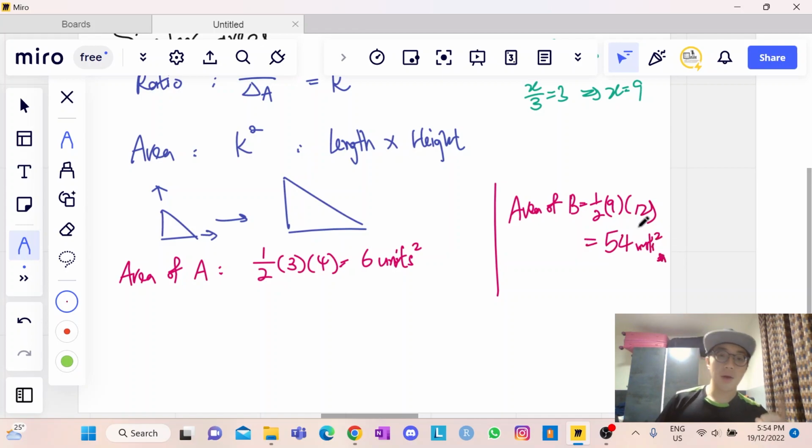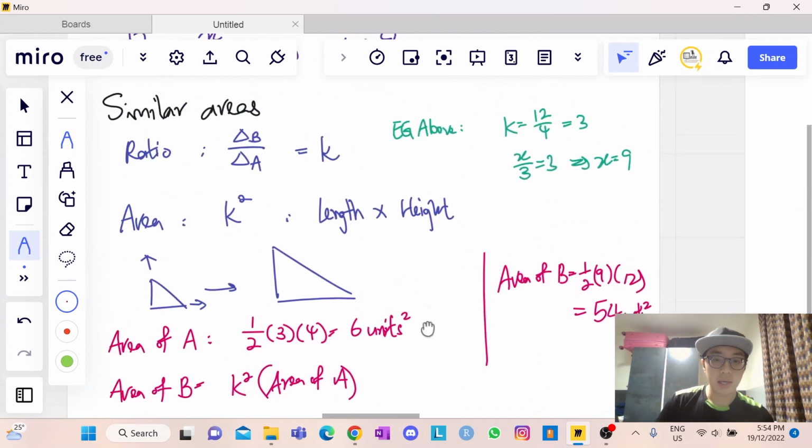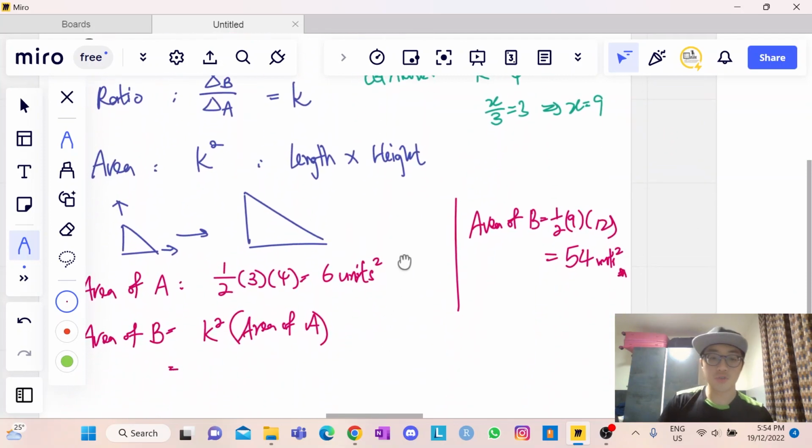However, if you're not given the sides of the second triangle, but you are given the ratio for the similar triangles, then you can say the area of B is equal to k squared times the area of A. It's just that easy. And k in this case, that we found earlier, is 3.